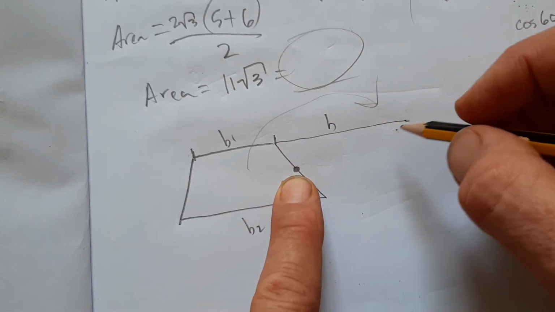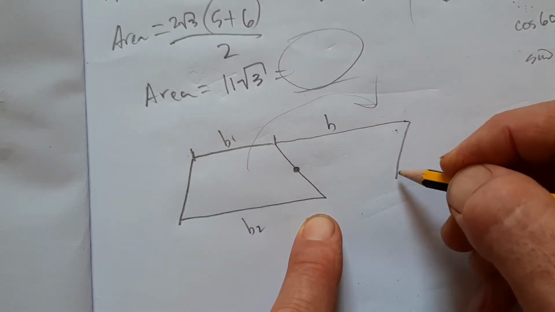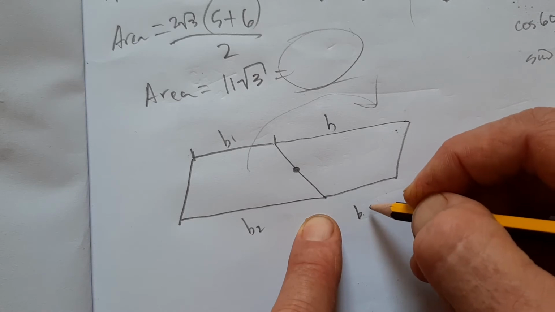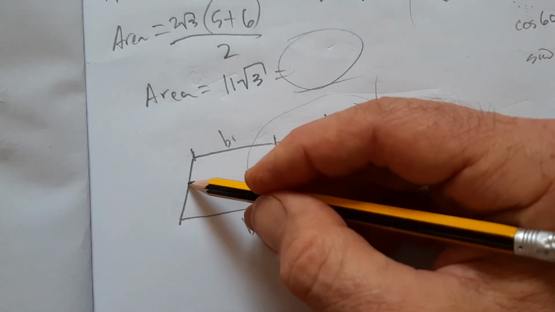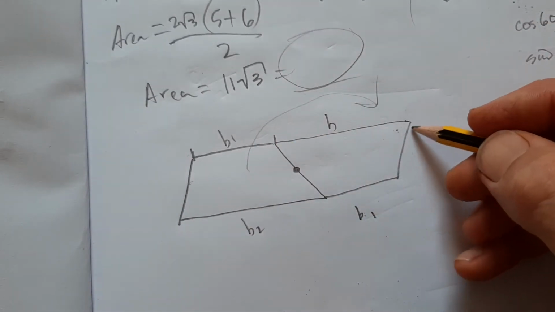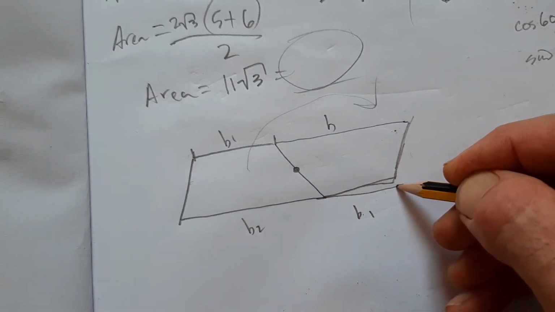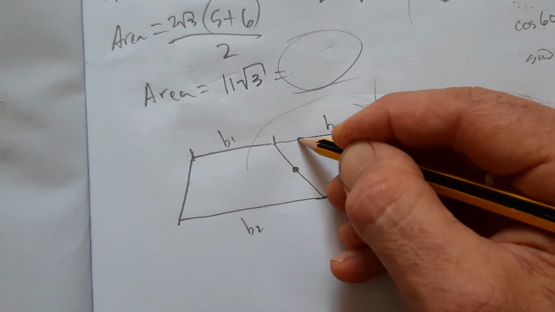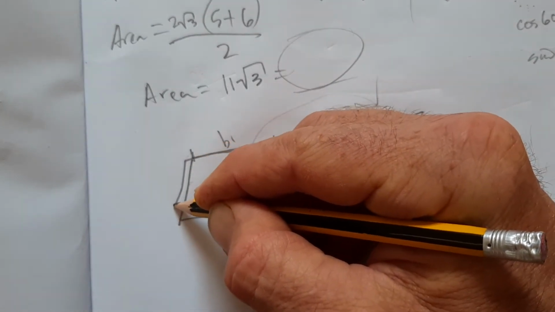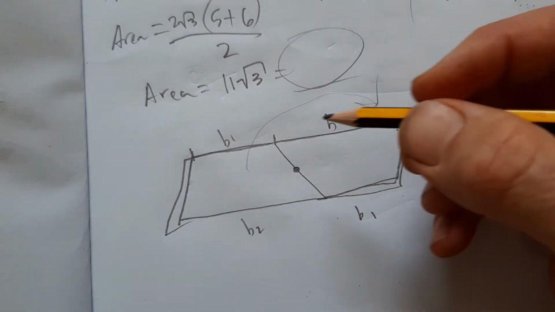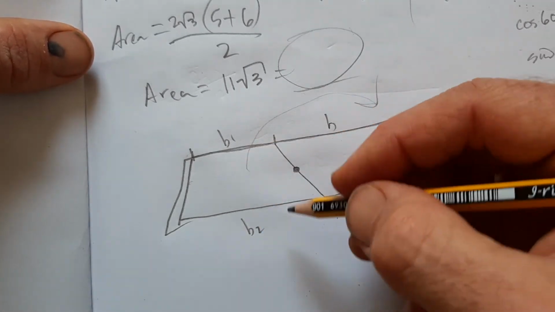I spin one around, and then here's base 1 over here, and this side is now over here. I did a bad drawing here again, but what shape do I have? What shape is this whole thing?